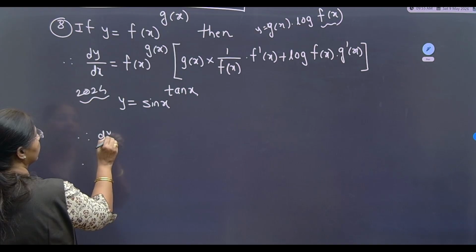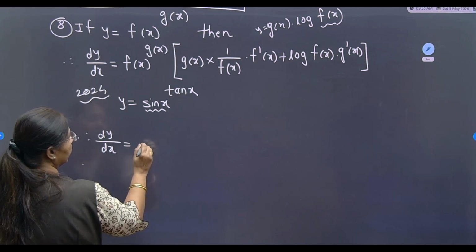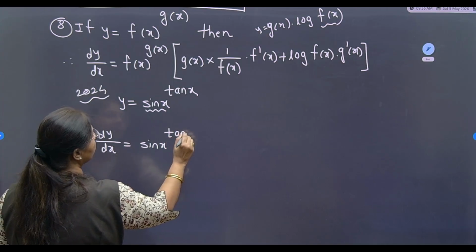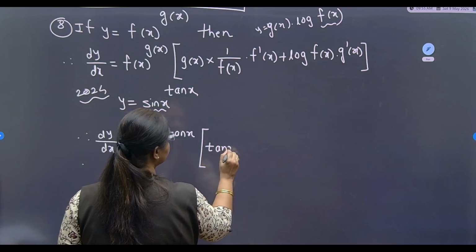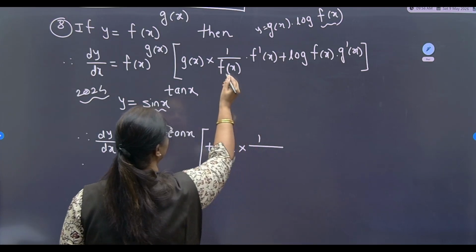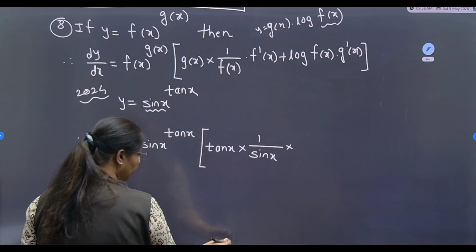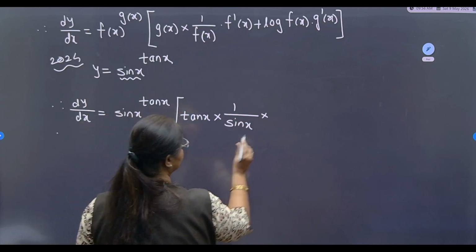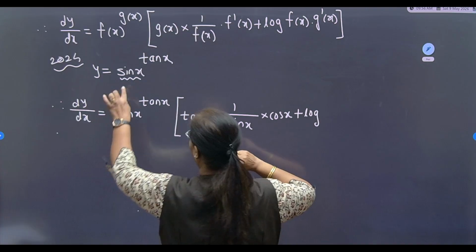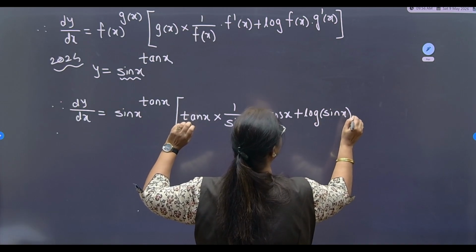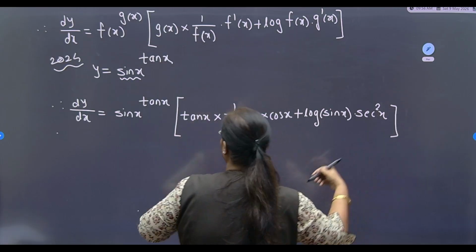Therefore by result dy upon dx is equal to, this is f of x and the power is g of x, sin x raised to tan x in bracket, power tan x as it is, into 1 upon sin x into f dash of x, derivative of sin x, cos x, plus log of f of x, that is log sin x, into g dash of x, derivative of tan x, sec square x. Okay, this is our answer.